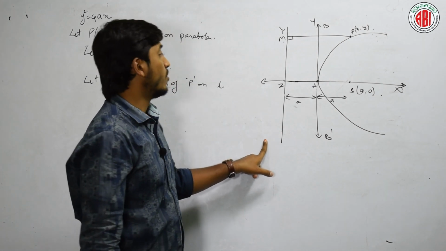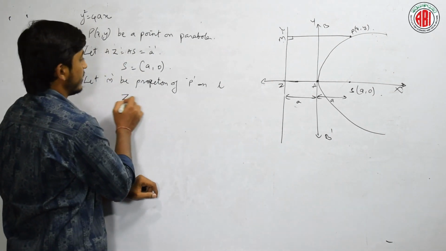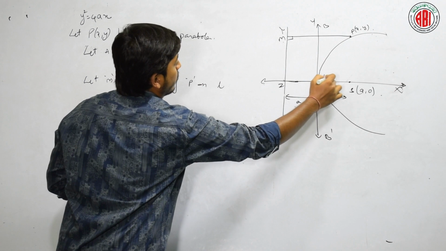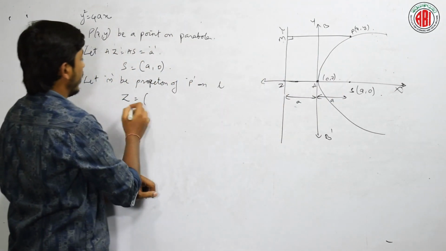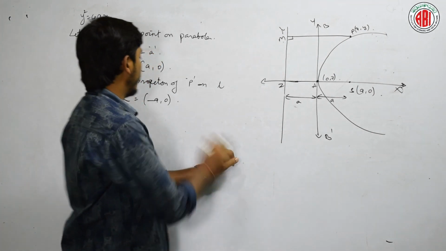So what will be the point Z? Since the vertex is 0 comma 0, Z will be minus a comma 0. What is the x coordinate here?